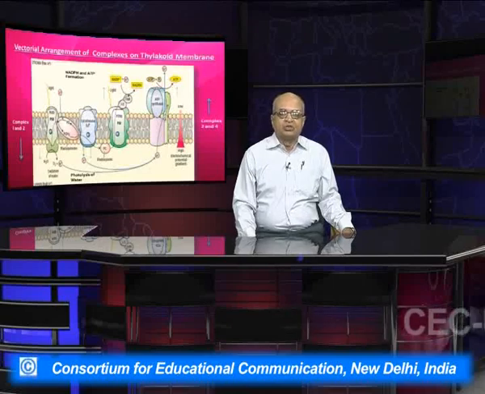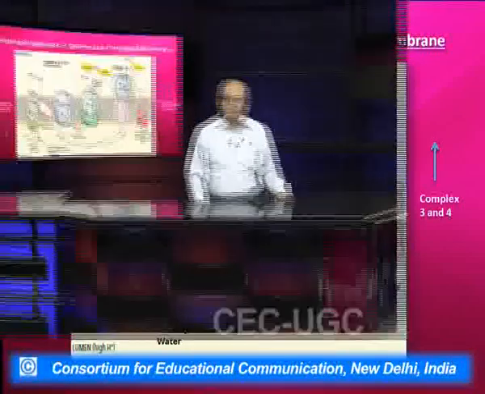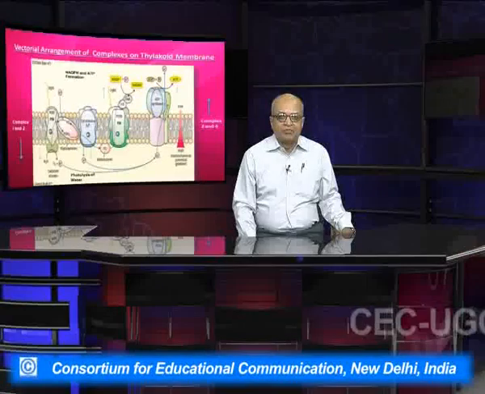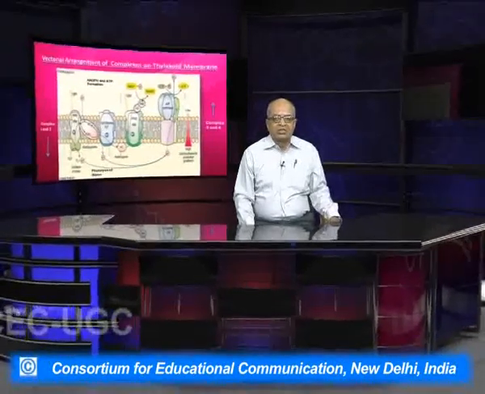As you can see on your screens, the vectorial arrangement is very specific, because ultimately the NADPH is going to be formed at the stromal side, because it has to go and work in the Benson-Calvin cycle, which is occurring in the stroma.